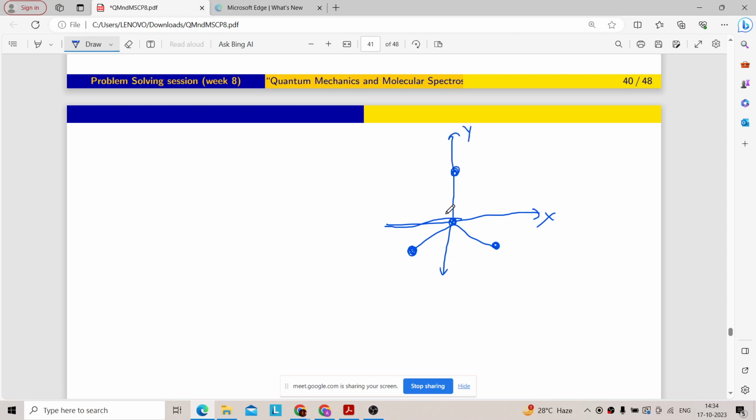As the angle is 120 degrees, this angle will be 90 degrees, and this angle will be 30 degrees.